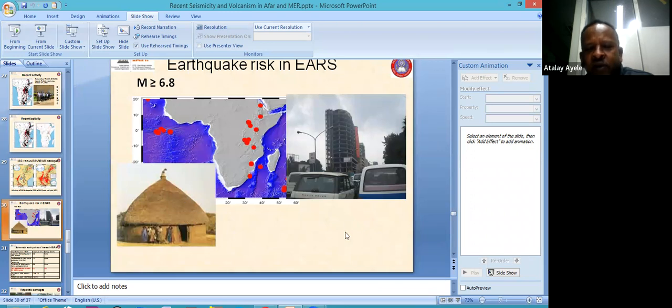Now, skyscrapers and multi-story buildings are rising everywhere in the East African Rift with little awareness. It's really scary. The chance of a 6.8 and above earthquake repeating itself is a matter of time, like we noticed recently in the Machaze earthquake in Mozambique. It can happen anytime. If that happens, our awareness and rapid response scheme in the region is very poor, and it's really very scary.